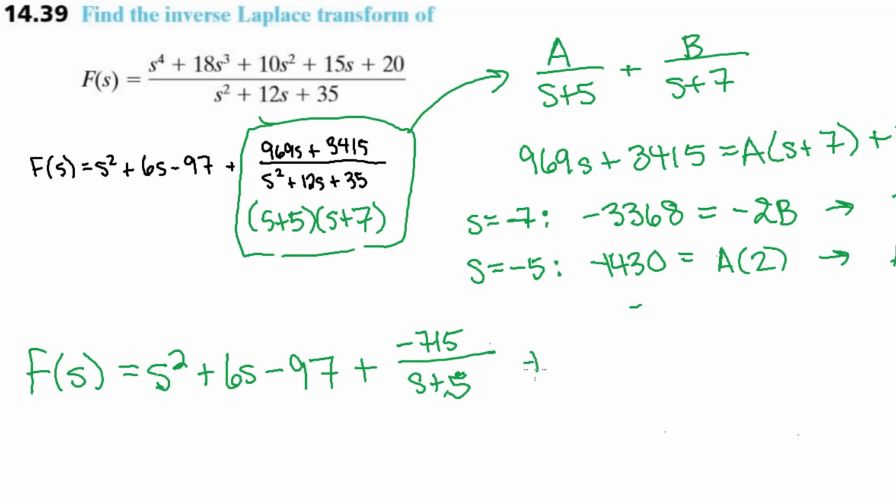And then B is 1684. So these last three terms, we can get those just straight from the table and from the constant multiple rule.